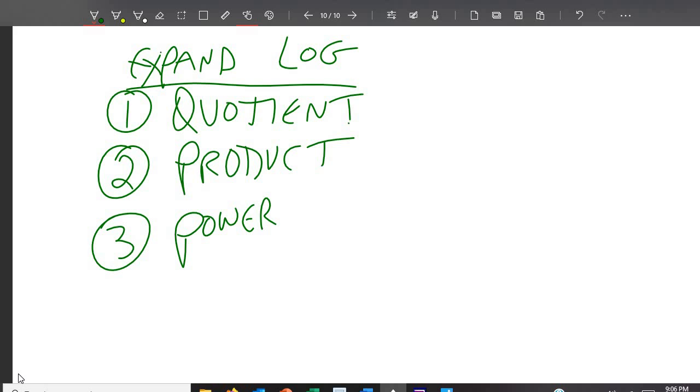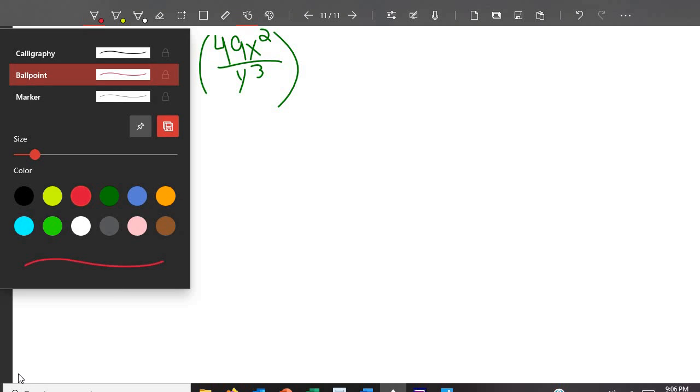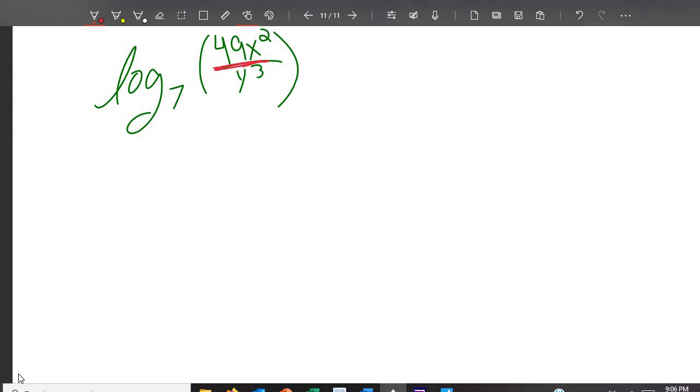All right. Now, let's do log of 7 over 49x squared y cubed. Now, this is a fraction, which means it's a quotient. So we're going to do the quotient rule first.